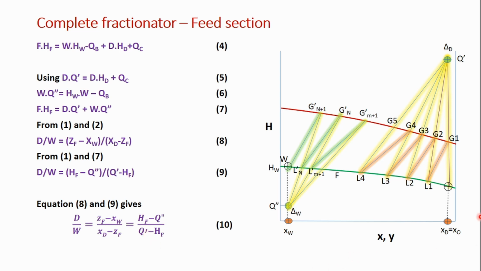The coordinate where this is XD and it is Q dash, this point is the difference point delta D. So one is delta D, another is delta W, okay, and the third point is ZF, HF. So it is the feed point ZF and the enthalpy of feed. So all these 3 points, the two difference points and this feed point, lie on a straight line, and that is the operating line for feed.